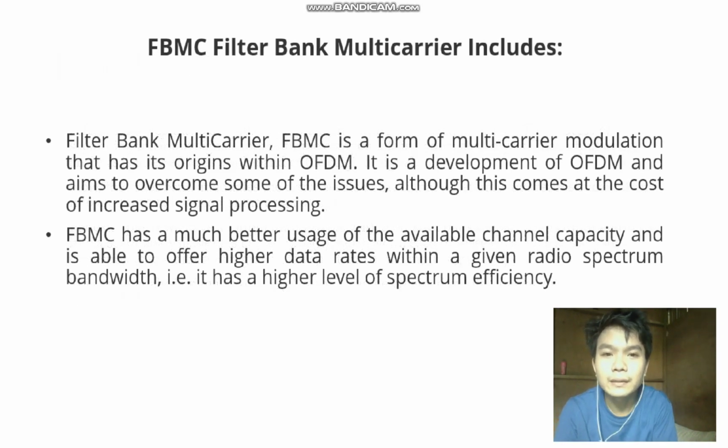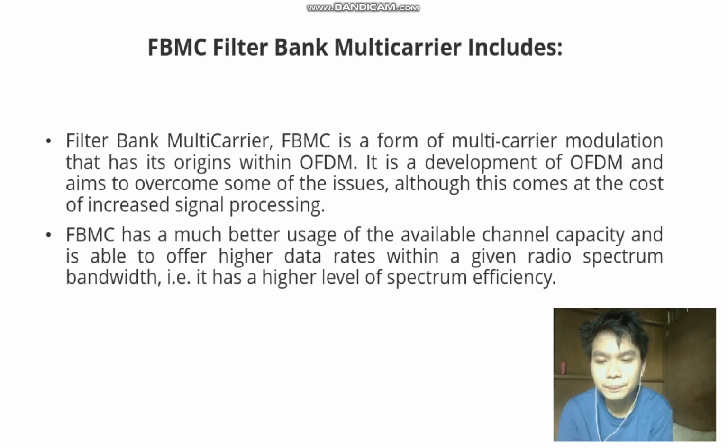Filter bank multi-carrier, FBMC, is a form of multi-carrier modulation that has its origins in OFDM. It is a development of OFDM and aims to overcome some of its issues, although this comes at the cost of increased signal processing.